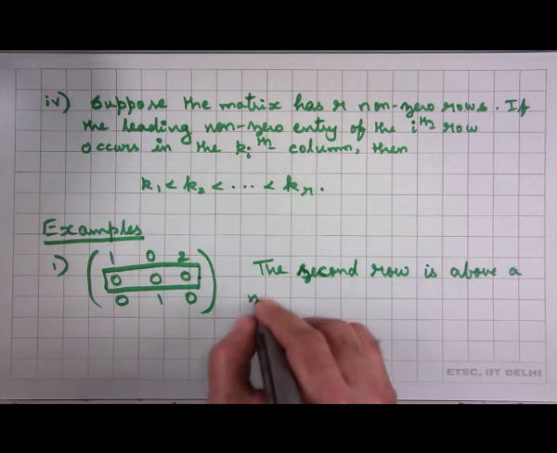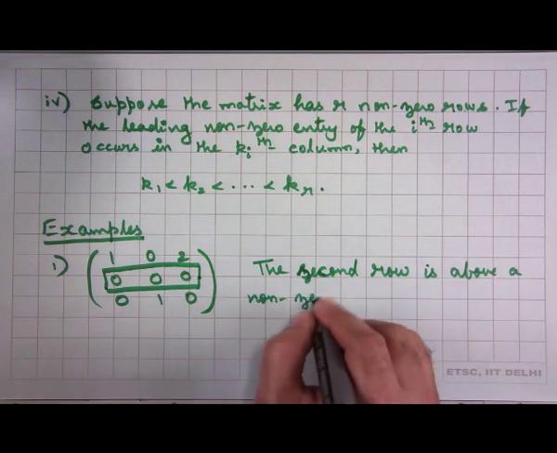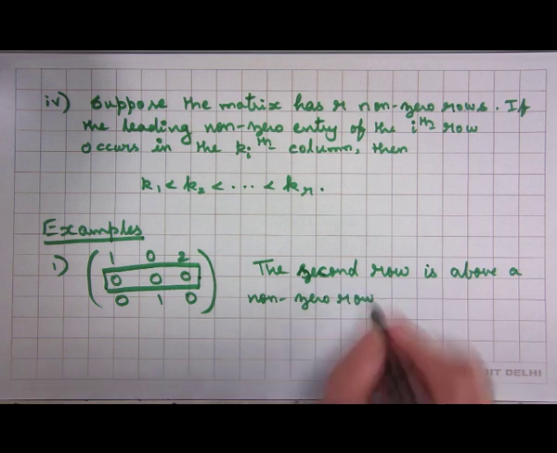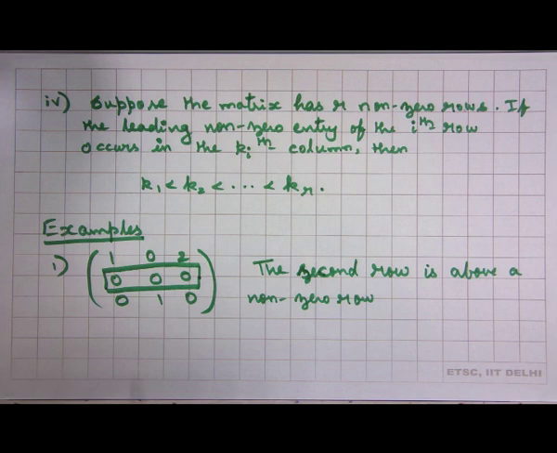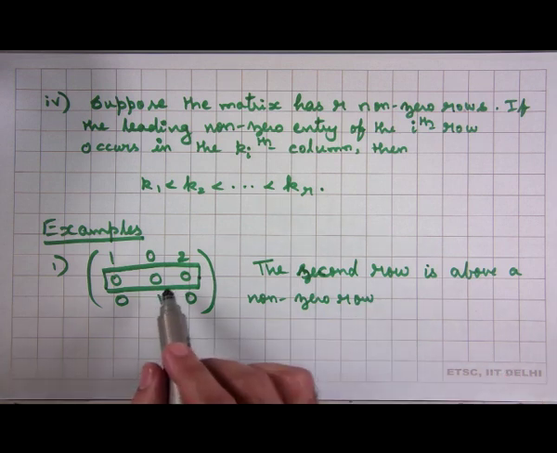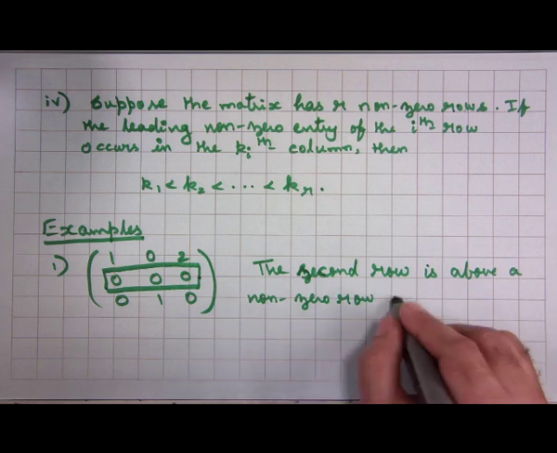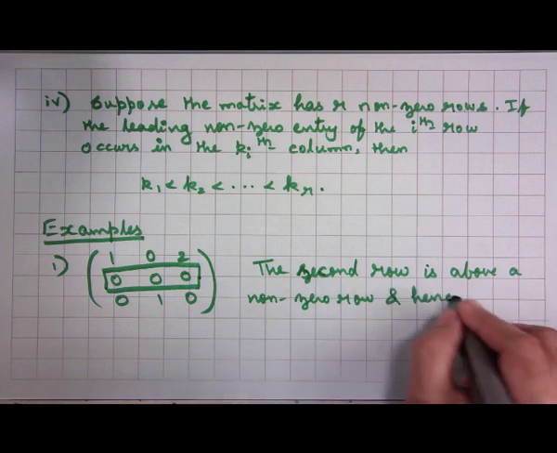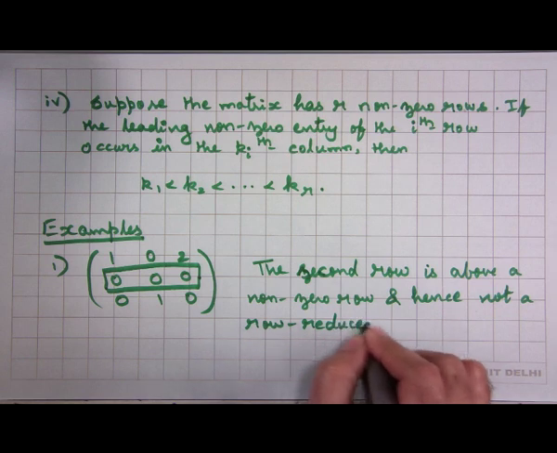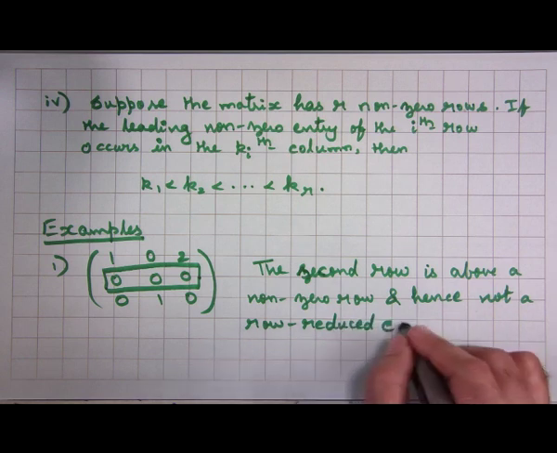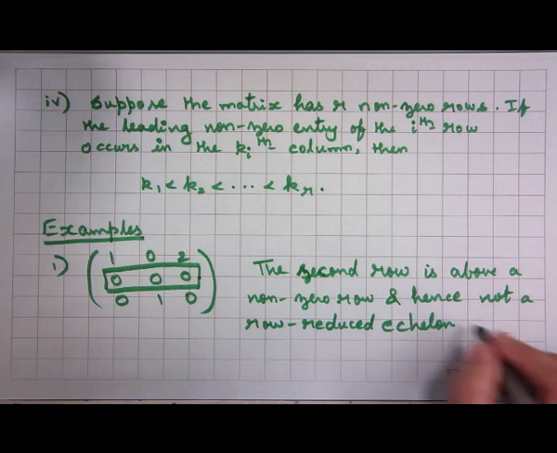The third row is non-zero, and what we want is that every 0 row should be below every non-zero row, and the second row, which is a 0 row, is above a non-zero row, and hence it is not a row reduced echelon matrix.